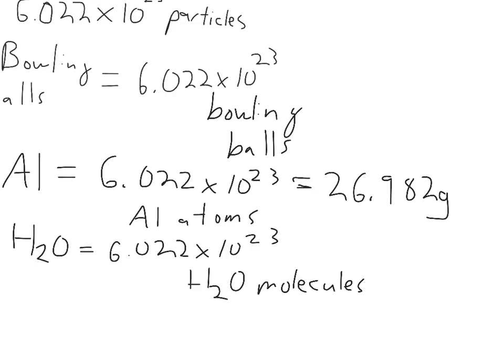And it can be applied to molecules or formula units for ionic compounds. Water: if you look at how much it weighs, you add the molar mass of hydrogen times 2, because you have 2 moles of hydrogen in 1 mole of water, and 1 mole of oxygen in 1 mole of water. Again, that's where it's coming from: 2 hydrogen atoms per molecule, or 2 moles of hydrogen per 1 mole of water.